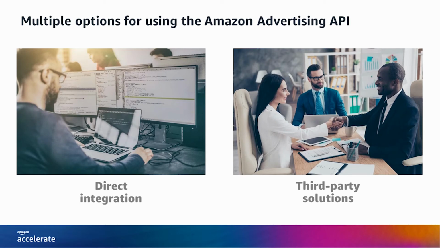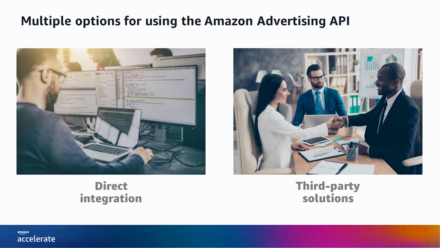They work with a third-party technology company that has already built applications into the Amazon Advertising API. There are tech companies out there who have built great solutions for reporting, optimization, and connecting to other systems. Some sellers work with them directly, while others choose to go through an advertising agency. Choosing the right tech partner and management style is totally up to you and your needs. In a few minutes, we'll talk about how you can evaluate your options and determine the best path.